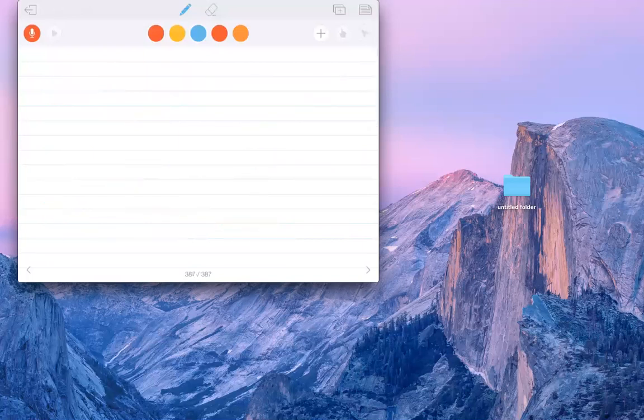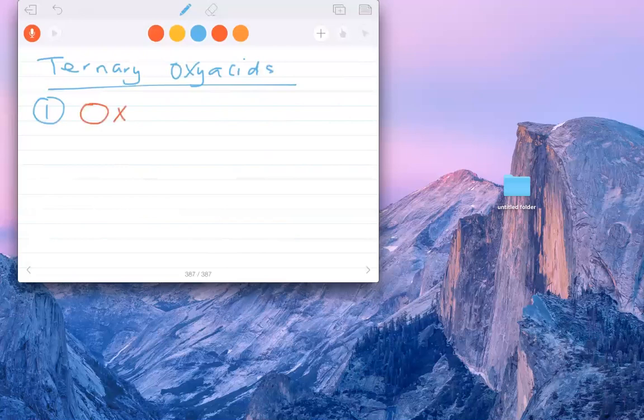For ternary oxy acid, this is the last class of compound, ternary oxy acids. These acids have oxygen, from the word oxygen, in their chemical formula.